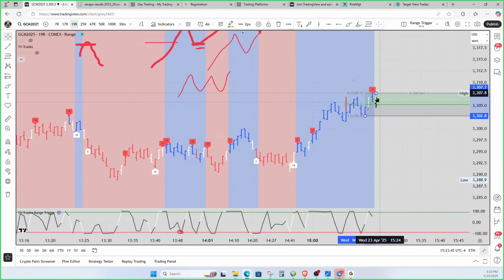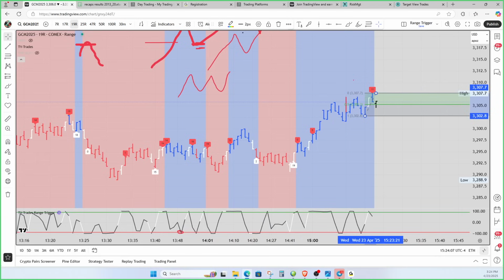It's showing a little bit of weakness right here though. The last leg length was this big, then this leg length was this big, and then this leg length was the same size. The next one will probably be smaller. So we need a down close to get this down into the oversold and then possibly have a long trade after that. Do you guys all see that?